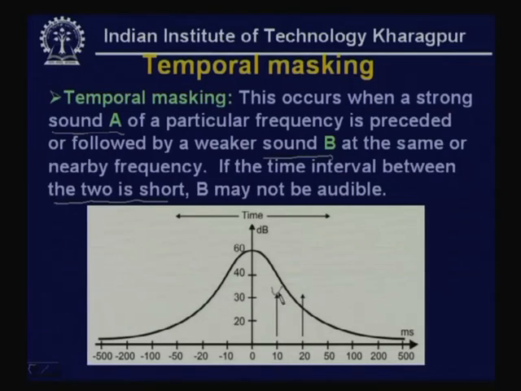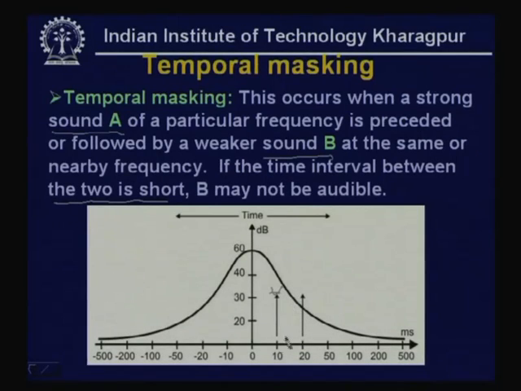For example, this signal will not be audible because it is within 10 milliseconds and it is about 32 dB, while the threshold has been raised to 60 dB. You can see the threshold is sharply raised, then it falls gradually. However, after 20 milliseconds, it can be heard, because it comes above the threshold range.